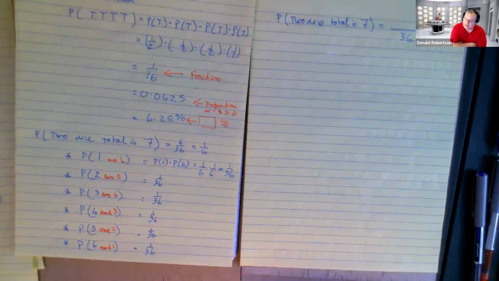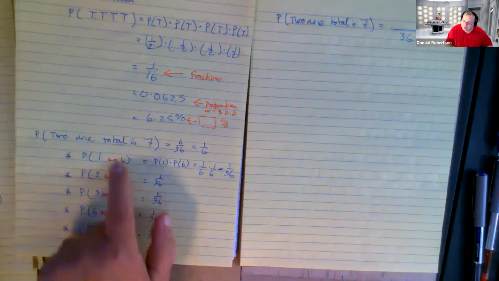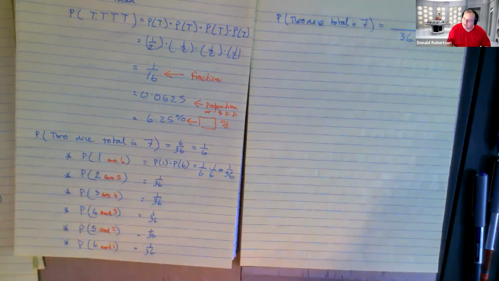Now you might say, why 36? If you think about it, isn't there 6 times 6? That's 36 things it could happen, right? If we went through every single combination, right? Blue 1, blue 2, blue 3, red 1, red 2, red 3, all the way. There's 6 rows and 6, 36. And then you just go through it and you say, how many ways can I get a 7?